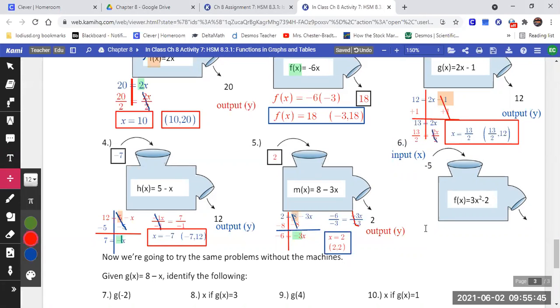What did we notice about our function this time, though? It's got something more. What does it have? Look at the function. Look at the equation. What does this equation have that the other ones didn't?